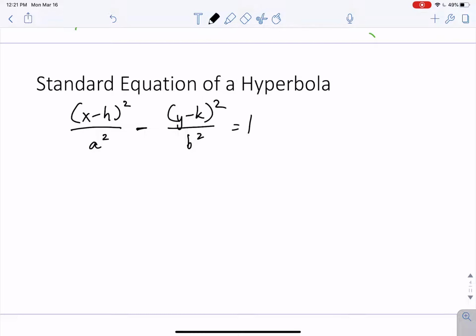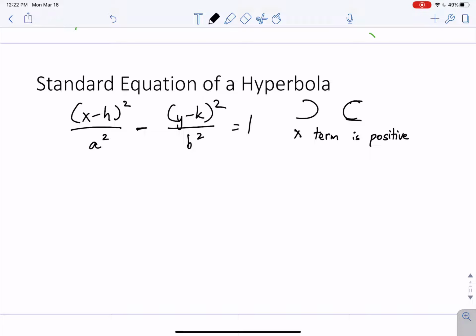This particular equation format will give us a horizontally facing hyperbola. And how we know that is because the x term is the positive term. Right, so in the ellipse, it didn't really matter which one came first because they were both positive. In this case, one is positive and one is negative, and that's going to determine which way the hyperbola opens up.